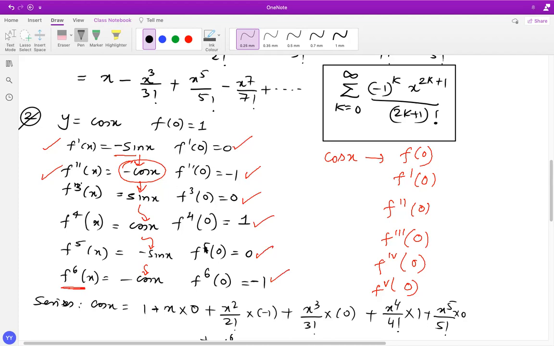So once you've got these derivatives, I'm going to use them to estimate the series.